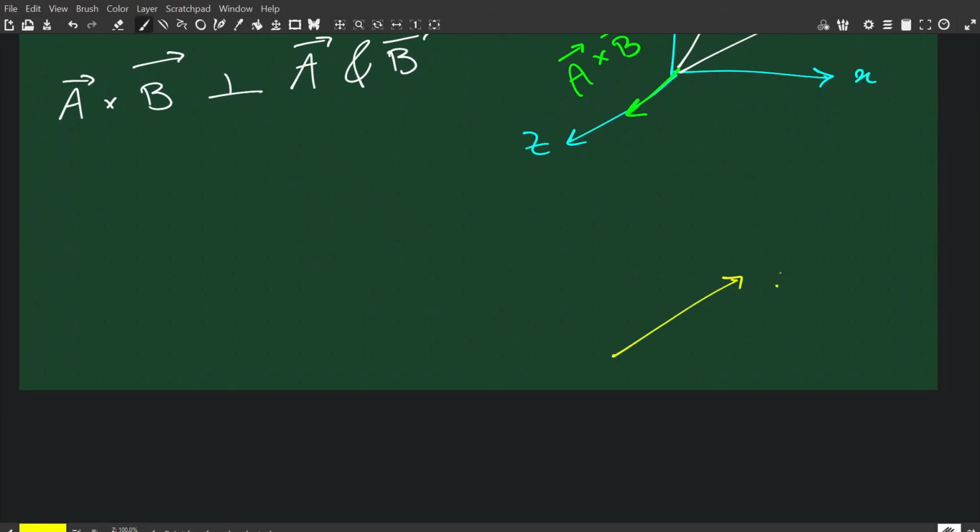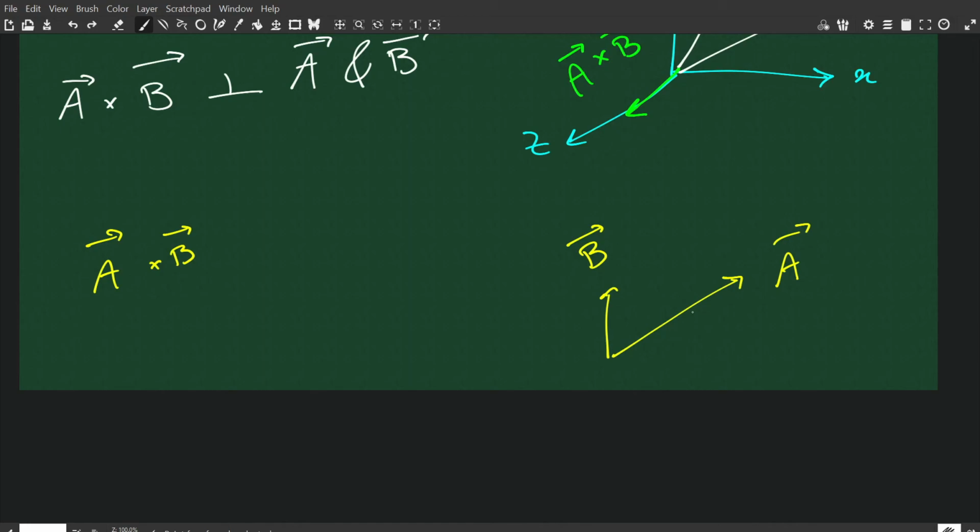To do that, assume it's A vector and it's B vector, and you want to determine the direction of A cross B. So put your hand and your fingers straight on the A vector, the first vector of the operation. So your fingers should be on this vector.